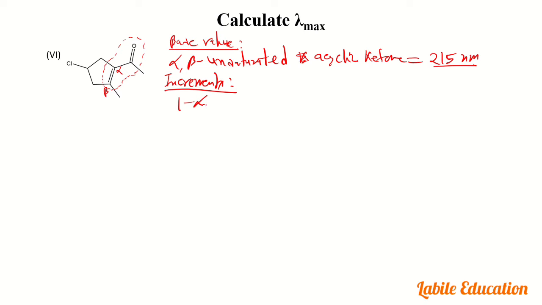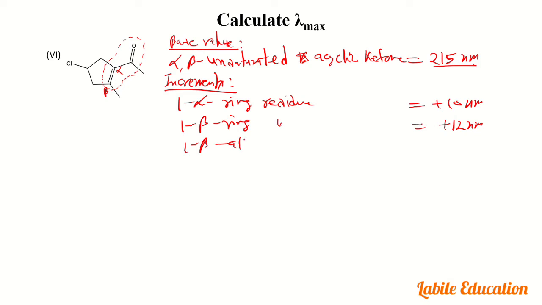So one alpha ring residue will contribute 10 nanometer, and at beta there is one beta ring residue here. So this will contribute plus 12 nanometer, and one beta alkyl group. So this will also contribute plus 12 nanometer.